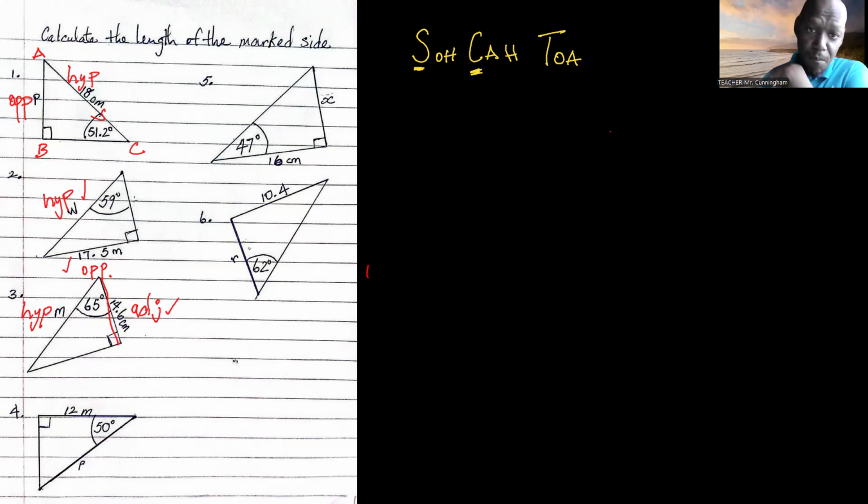Jeremiah, what rule has adjacent and hypotenuse? Cosine. So I'm going to write cos theta is equal to the adjacent side over the hypotenuse side.